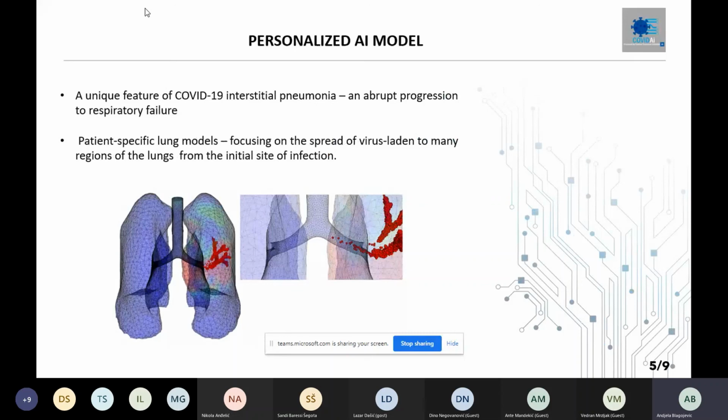So we decided to make a patient-specific lung model, and the focus was to simulate the spread of the SARS-CoV-2 virus to many regions of the lungs from the initial site of infection. On this picture, you can see a 3D model, and on the right image, you can see how the virus spreads.